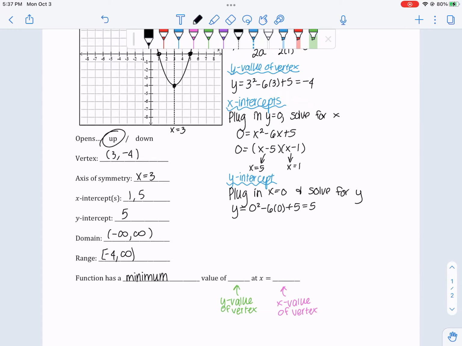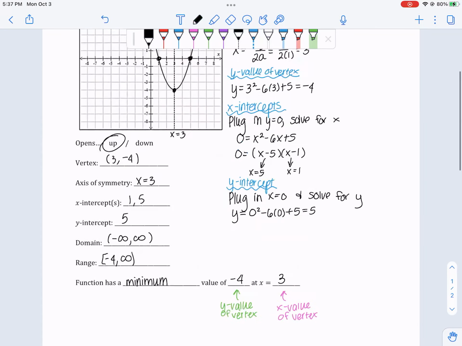So the minimum value is -4. That's as low as the graph gets, and it occurs at x equals 3. And that is all for this one.